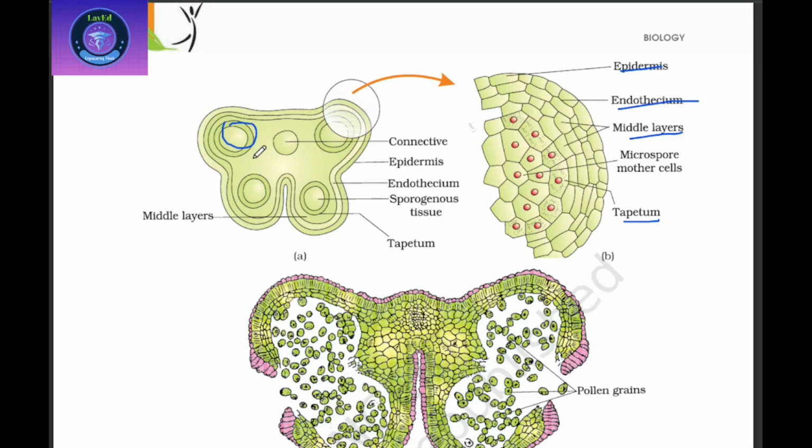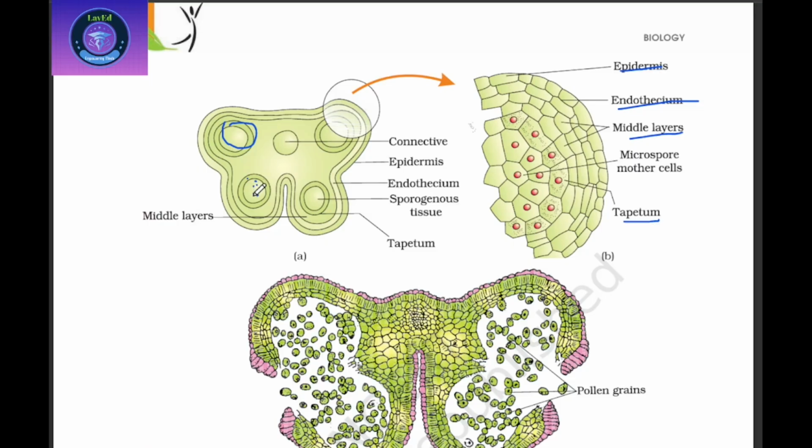This round structure is called the microsporangium. Its other name is sporogenous tissue. Each microsporangium or sporogenous tissue consists of tiny cells, like the dots.